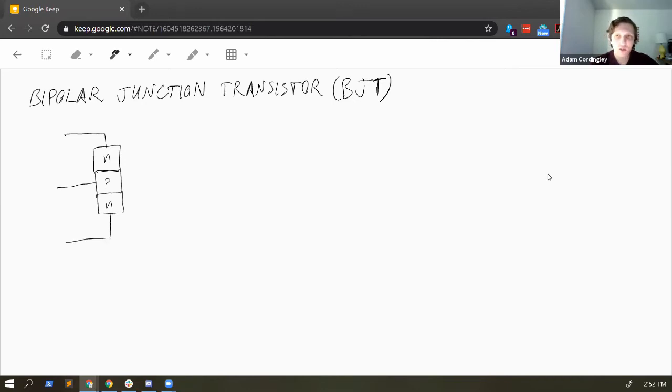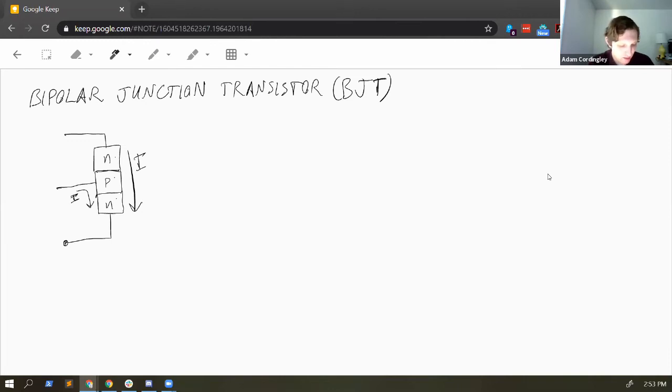Now, if you dope these correctly and you structure everything correctly, you can make a device such that when you pass a small current through this PN junction, then a large current will flow from this region, through this region, through this region.